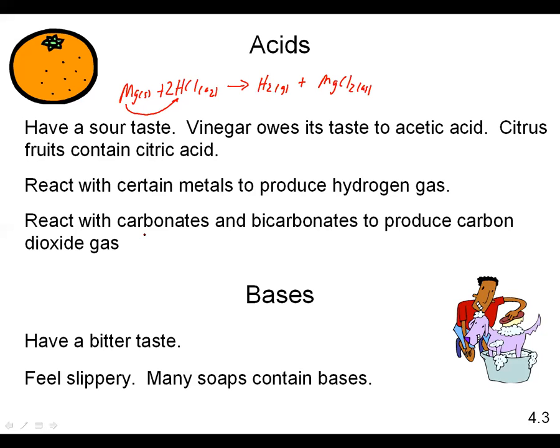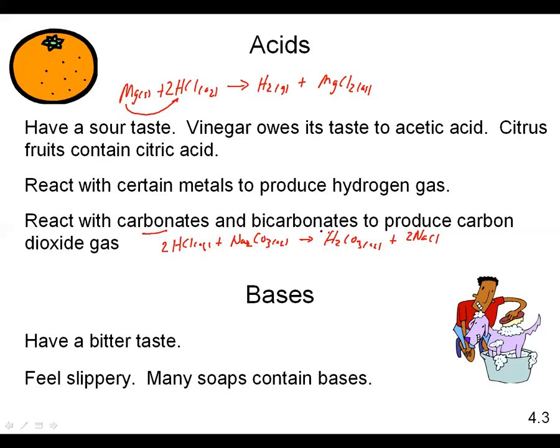Acids also like to react with carbonates and bicarbonates. So if you took something like hydrochloric acid and reacted it with, say, sodium carbonate, you get a double displacement reaction where you would get H2CO3, which is carbonic acid, plus some NaCl, with a 2 in there for balancing.